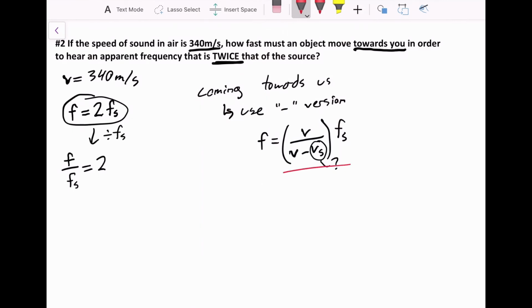Let's divide both sides by frequency of the source. So that'll cancel out over here. And we are left with F over Fs is equal to V over V minus Vs. And again, remember, we're trying to isolate the speed of the source.